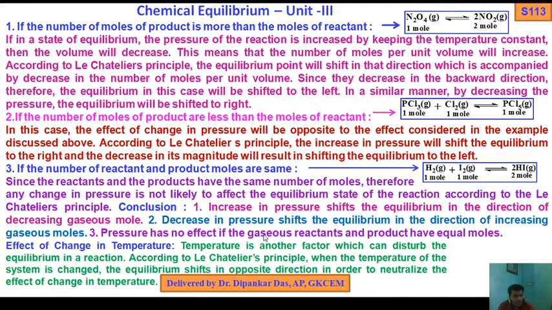Pressure has no effect if the numbers of moles of gaseous reactants and products are the same. And in the case of temperature, if the temperature of the system changes, the equilibrium shifts in the opposite direction in order to neutralize the effect of change in temperature. So next slide we will continue discussing the change in temperature.